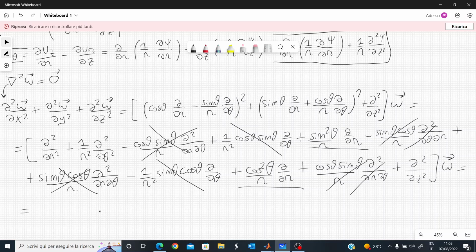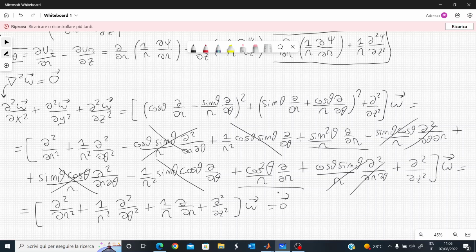So you can see that the expression simplifies. You get d squared dr squared plus 1 over r squared d squared d theta squared plus 1 over r d over dr plus d squared dz squared applied to omega, and this is equal to the 0 vector.